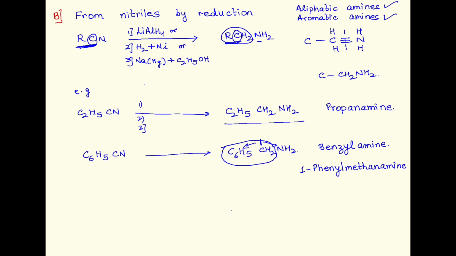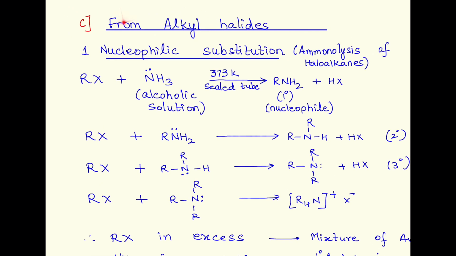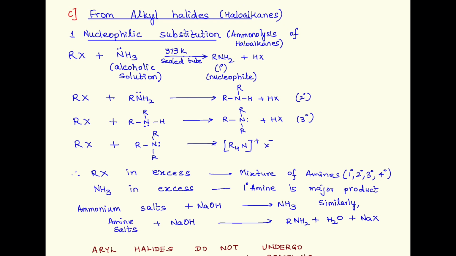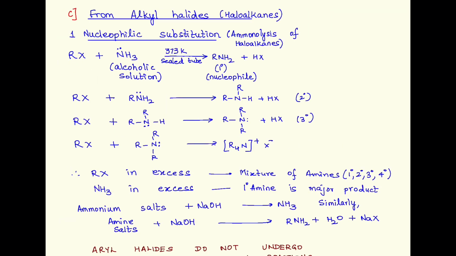Did you get the name right? Wonderful. The next method of preparation involves haloalkanes or alkyl halides. Let me write it as haloalkanes as well. Haloalkanes or alkyl halides can undergo reactions in different ways to give us amines, but what kind of amines will be formed, that remains to be seen.